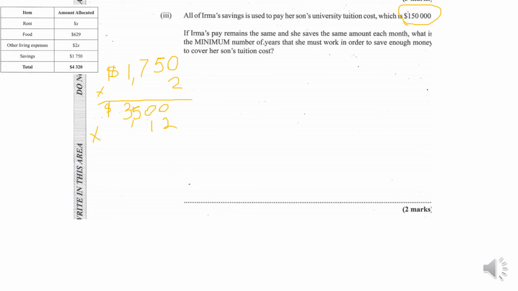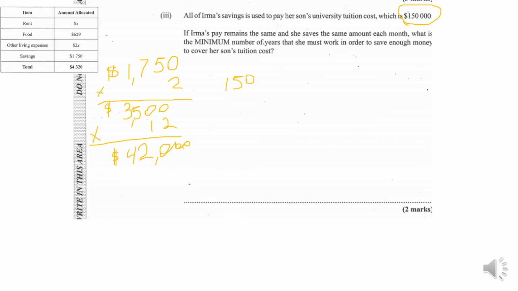If we multiply 3,500 by 12, we are going to get $42,000. We still have more to go, because it's 150. So if she saves $42,000 in 1 year, how many years does she need to save in order to reach $150,000?